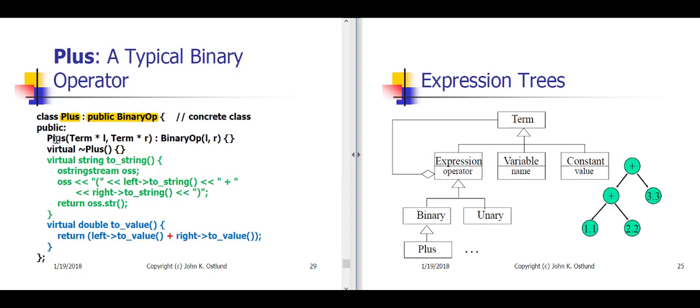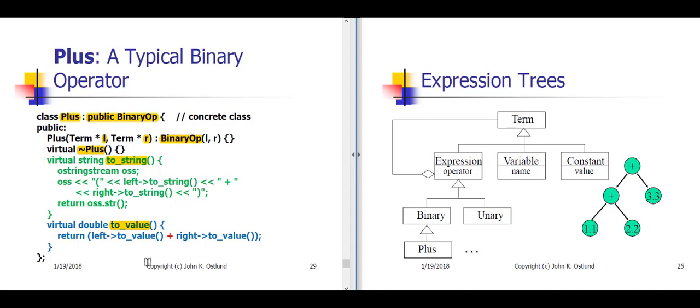It has a constructor that receives pointers to the left and right term on either side of the plus symbol, and plus simply passes those down to the binary op base class constructor using the member initializer list. Plus has a destructor that doesn't need to do anything. And here we have got toString and toValue defined.